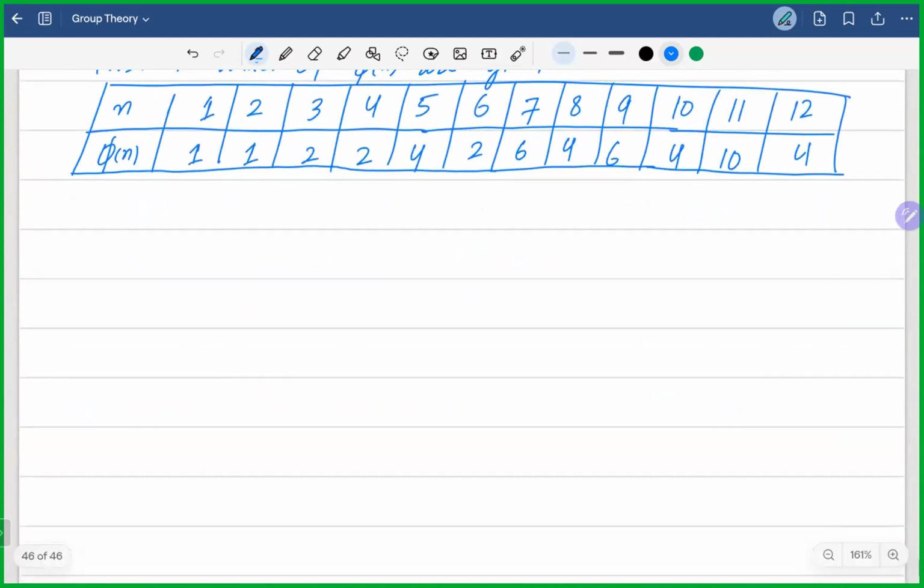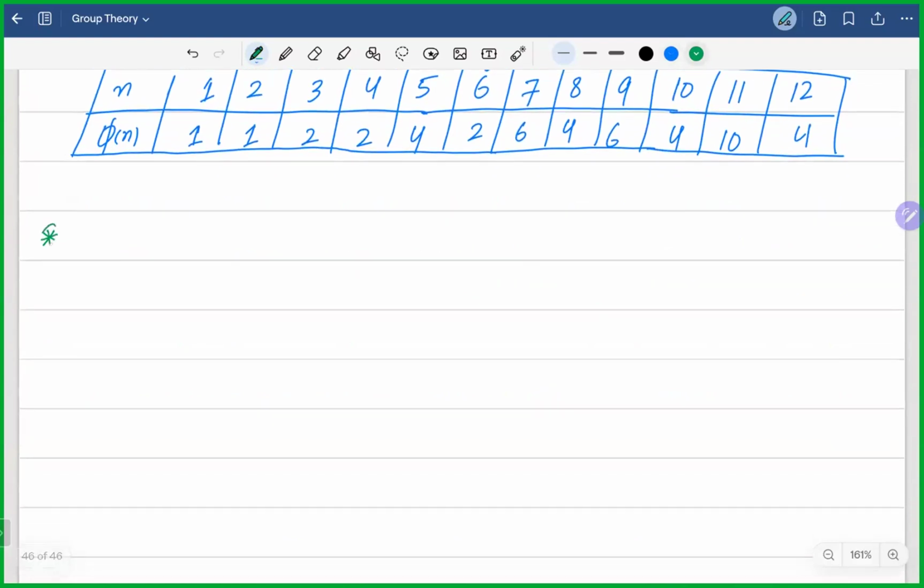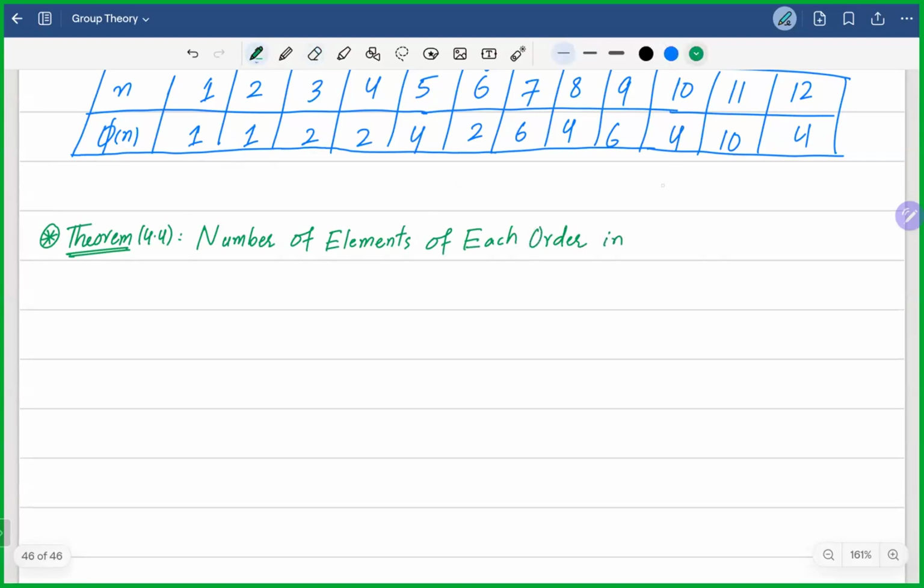Okay, now we will give you a theorem, and this theorem is about the number of elements of each order in a cyclic group.